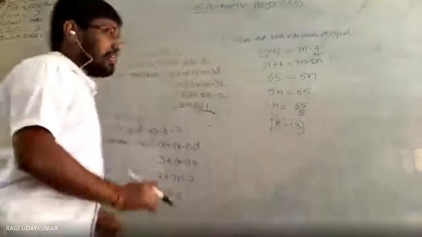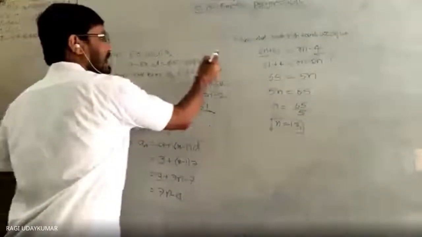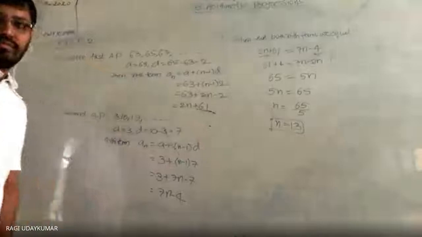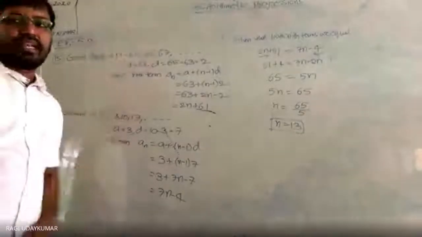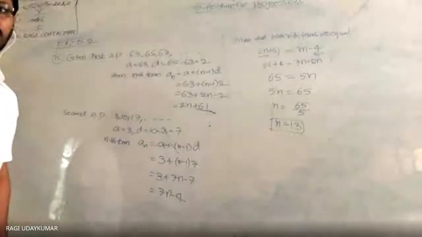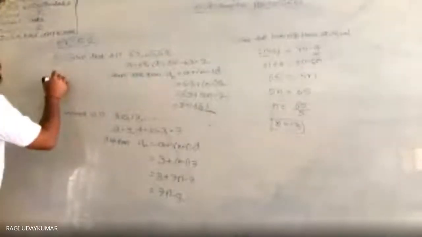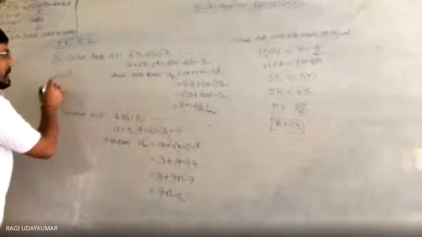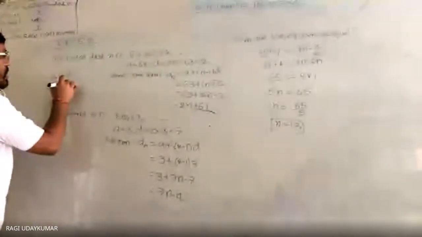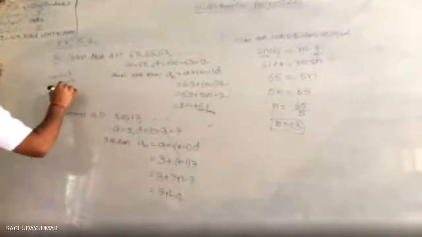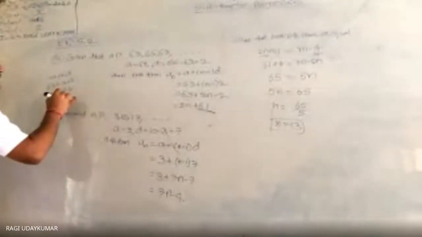You can check whether it is right or wrong by finding the 13th term in each. The 13th term is a plus 12d. So a is 63 plus 12 into d, where d is 2, gives 24. 63 plus 24 gives 87.